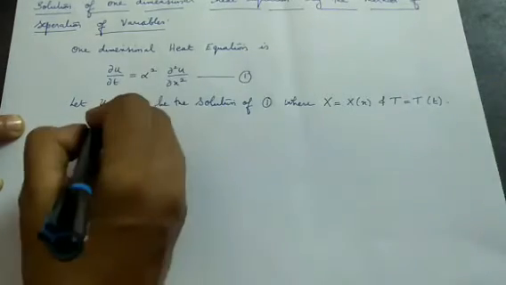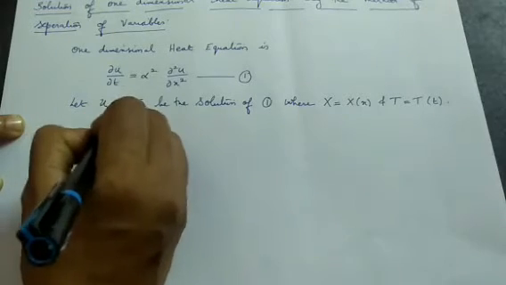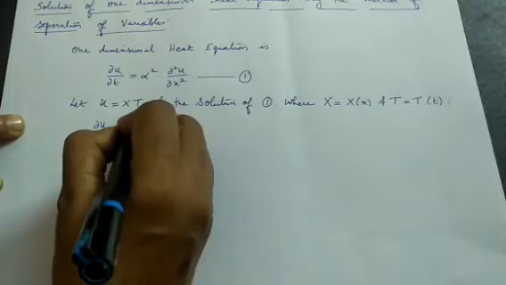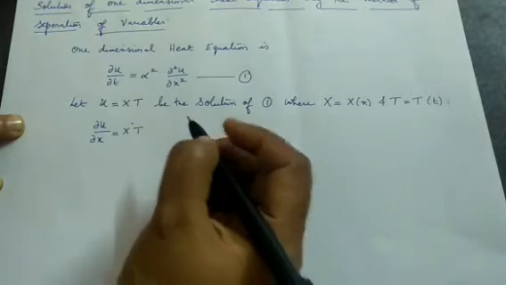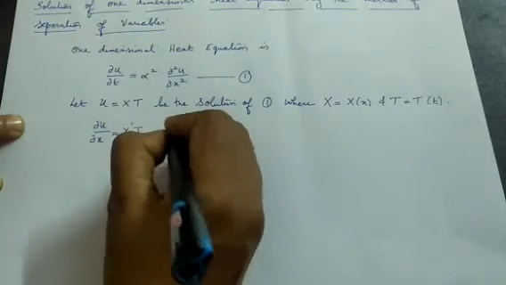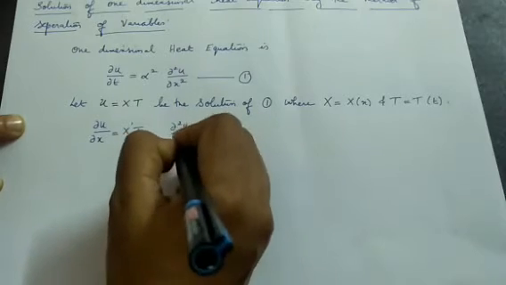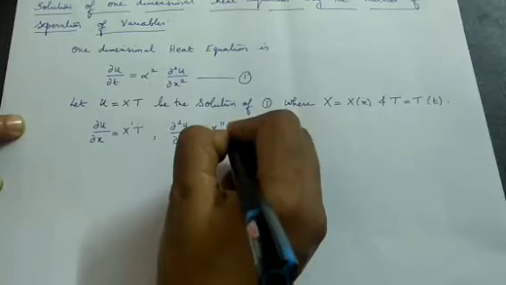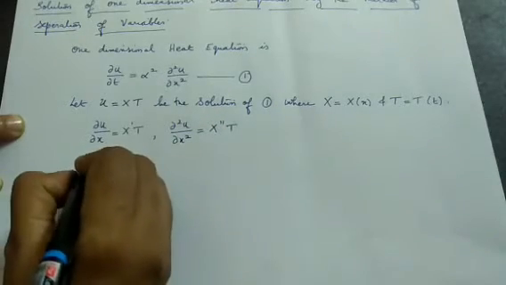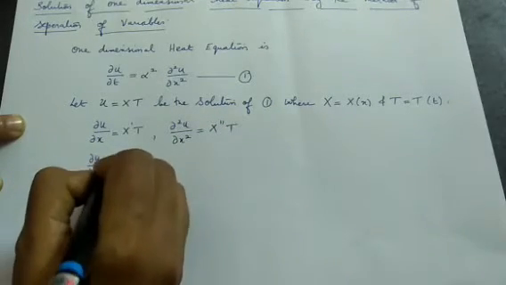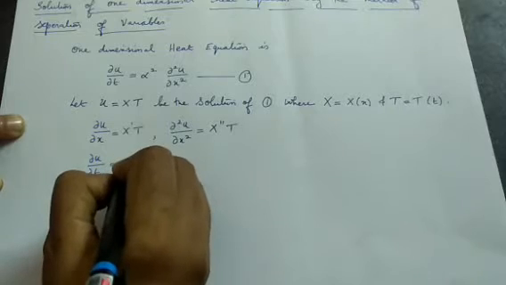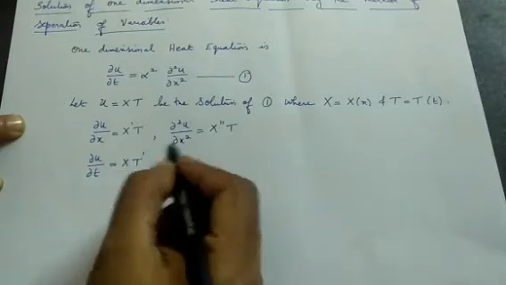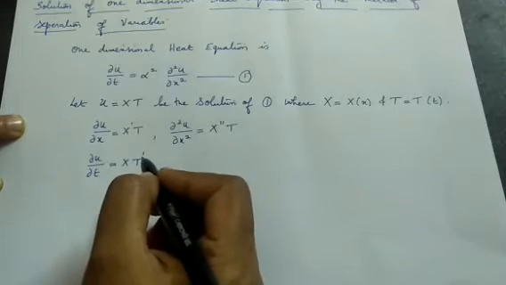Now, the derivative of u with respect to x is X' T, and the second derivative of u with respect to x can be denoted by X'' T. Now, ∂u/∂t can be expressed as X T'.